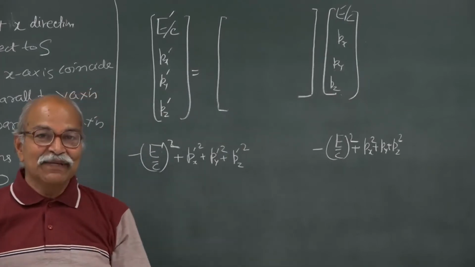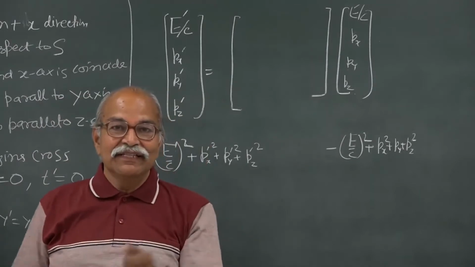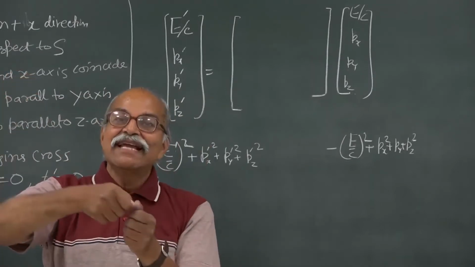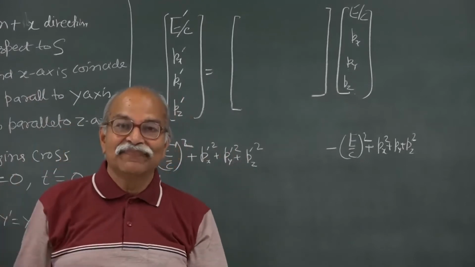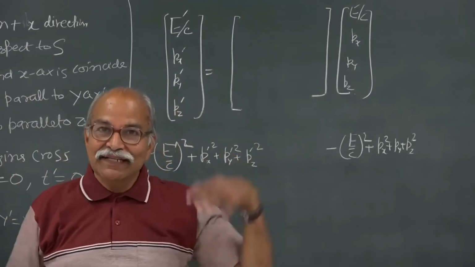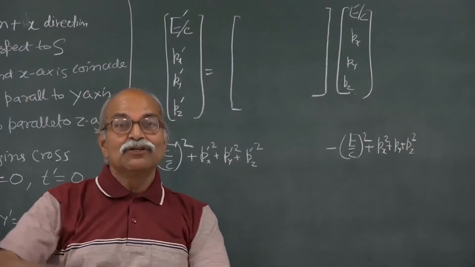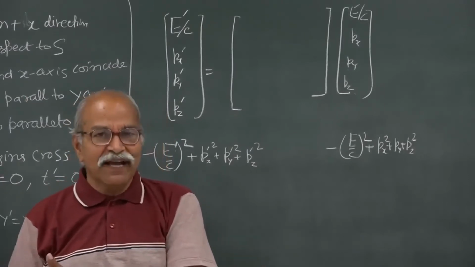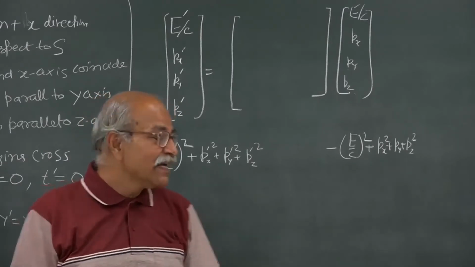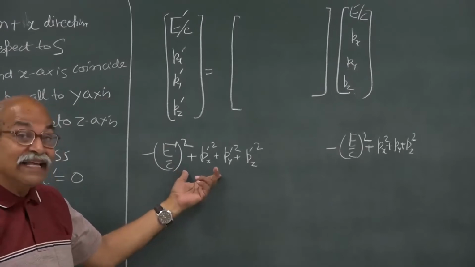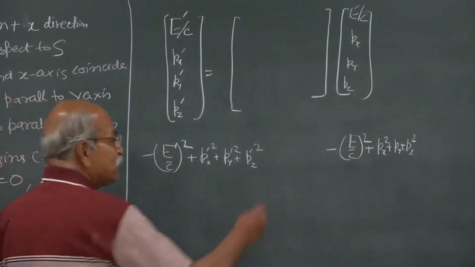In 3-dimensional geometry, when we have xyz axis and there is a vector, the length of the vector will not change if I reorient the frame. Similarly, here, if I am changing from one inertial frame to another inertial frame in whatever fashion, that length of the vector will not change, and this represents that length of the vector, magnitude of the vector, square of it. So this will be equal to this.